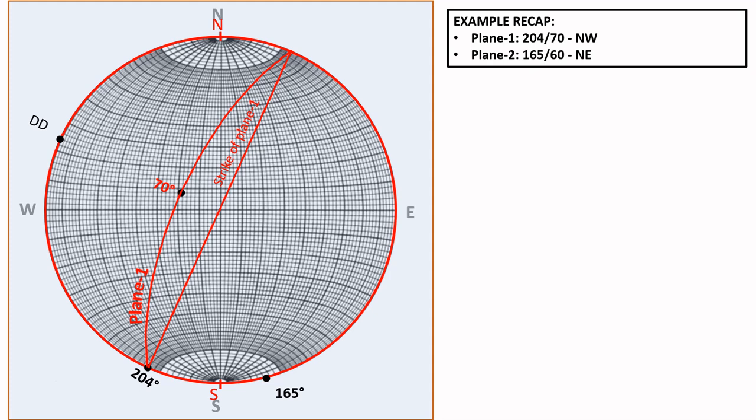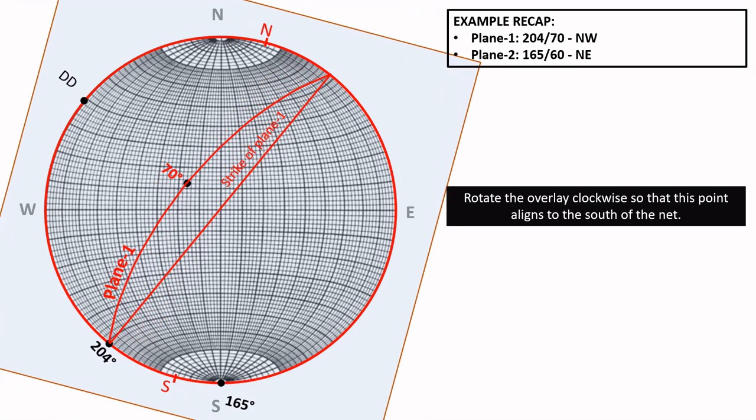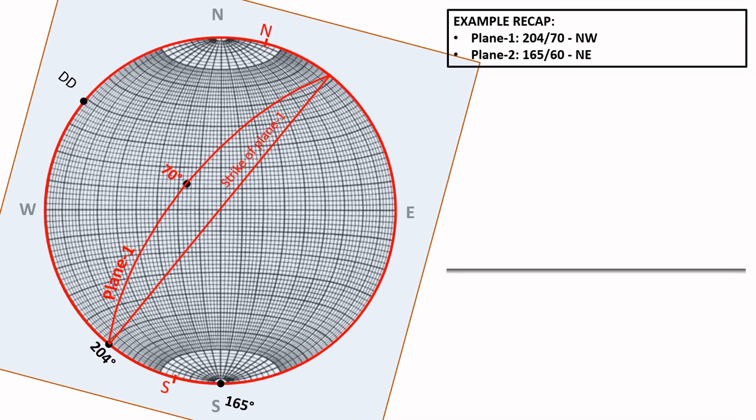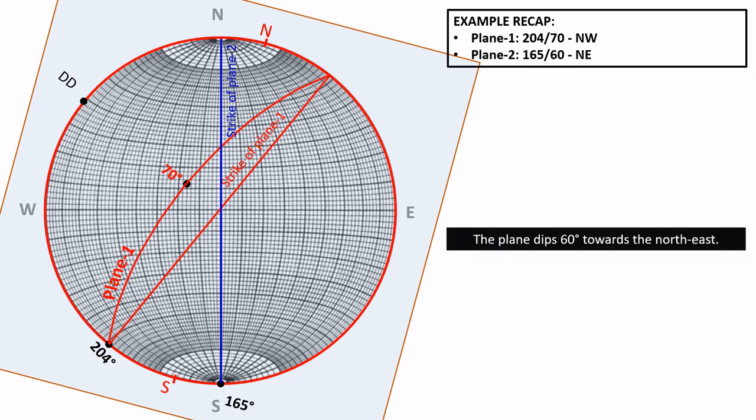Rotate the overlay clockwise so that this point aligns to the south of the net. From this point, draw a line along the NS line, then it represents the strike of plane 2. The plane dips 60 degrees towards the northeast.